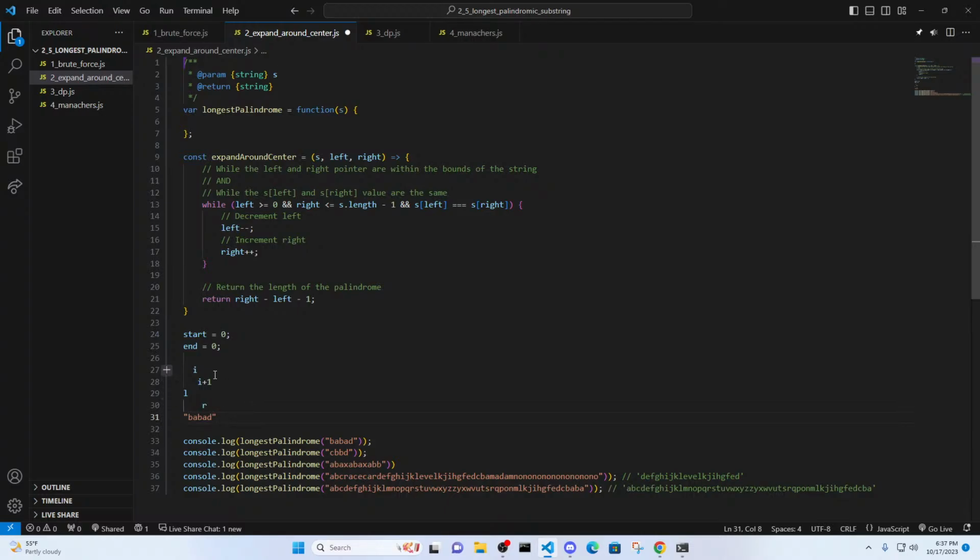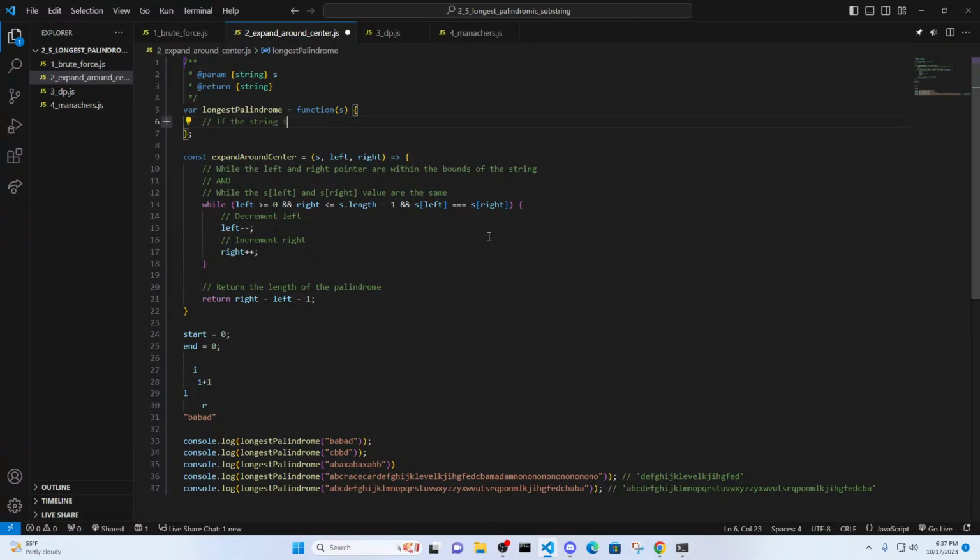And then you continue iterating over it, just checking for the odd palindromes and the even palindromes, and then you just return substring start and n plus 1. So let me go ahead and just jot out some pseudocode for this. Does that all make sense though? Yeah. Okay, cool.